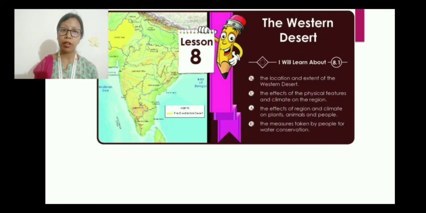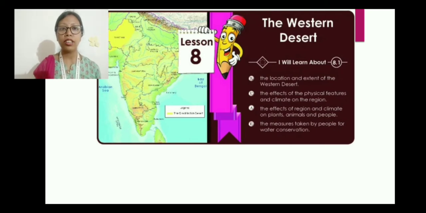Then we talked about the climate of the Thar Desert, how hot it is, how the sands make the area very hot, and during the night how it cools down because of the sand, and why this desert does not have any rainfall.